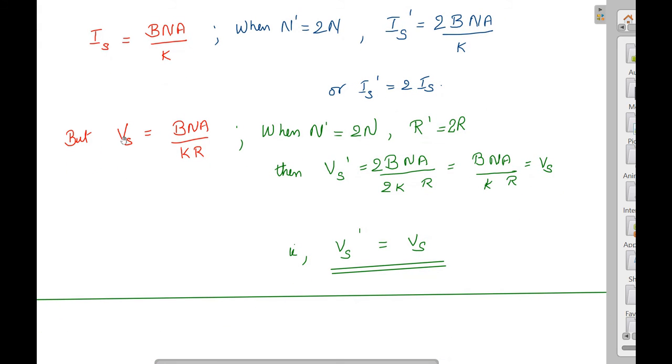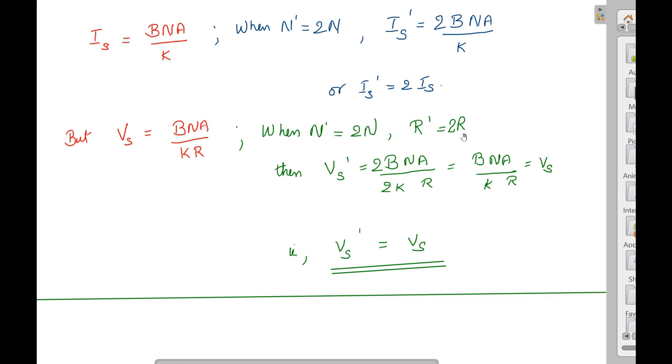Similarly, voltage sensitivity, you just look at this equation, equals BNA by KR. Here also the number of turns we are doubling, N dash equals 2N. So when the number of turns increases, definitely the length of the coil increases. That means the resistance of the coil increases. If length doubles, number of turns doubles, therefore resistance doubles.